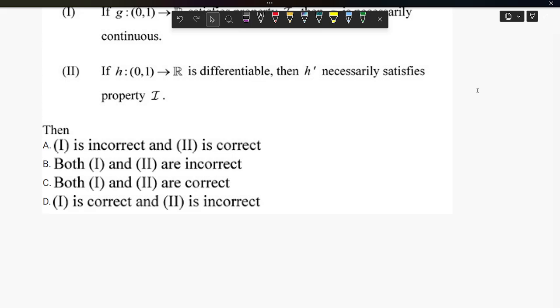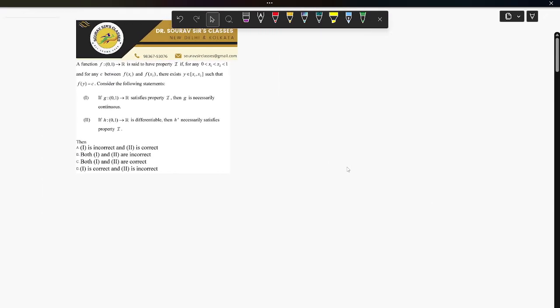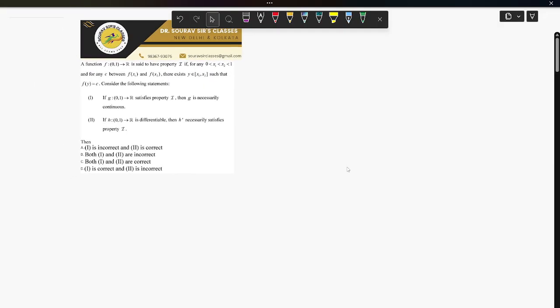Option A is telling us that statement 1 is incorrect and statement 2 is correct, and option B is telling us that both statements are incorrect. Option C is telling us that both statements are correct, and option D is telling us that the first statement is correct and the second is incorrect. So what can be done with this? So now my screen is ready.